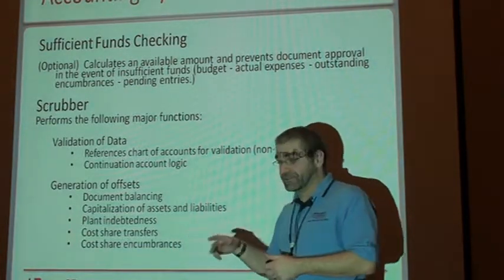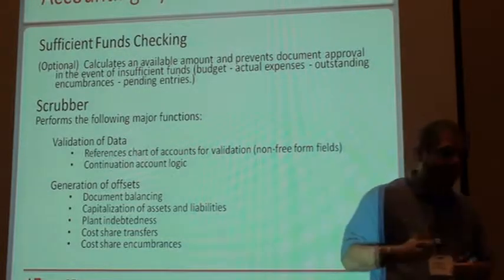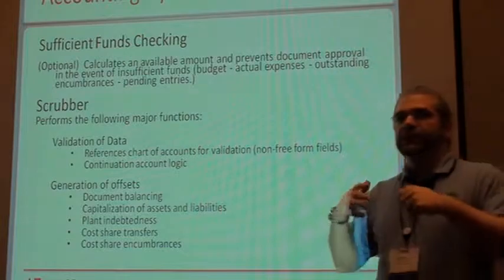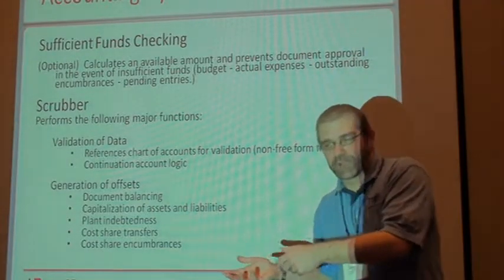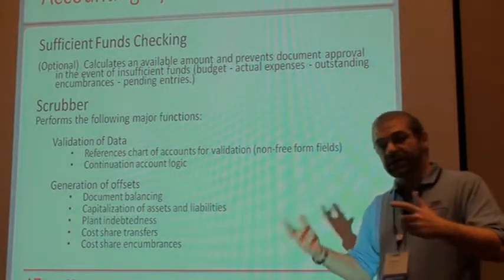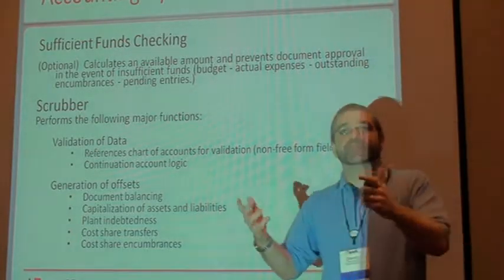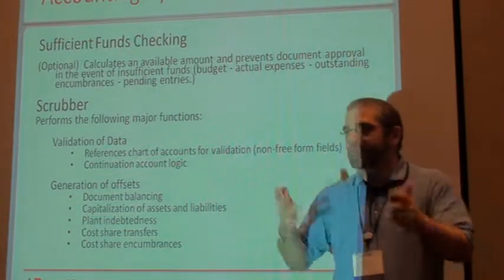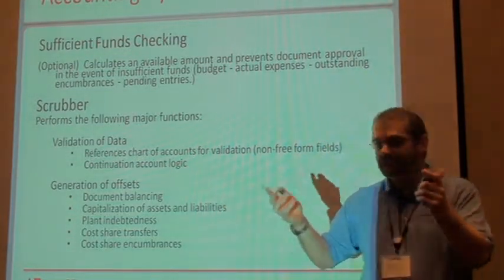Along those same lines, you might have something like a purchase order, where we're going to buy a piece of equipment that we said we'd track as part of our cost share for a grant. When we create something like a purchase order, it creates an encumbrance entry saying, hey, we're going to spend this money, we haven't spent it yet, but you probably want to track it and know that I've got this $10,000 microscope on order now.